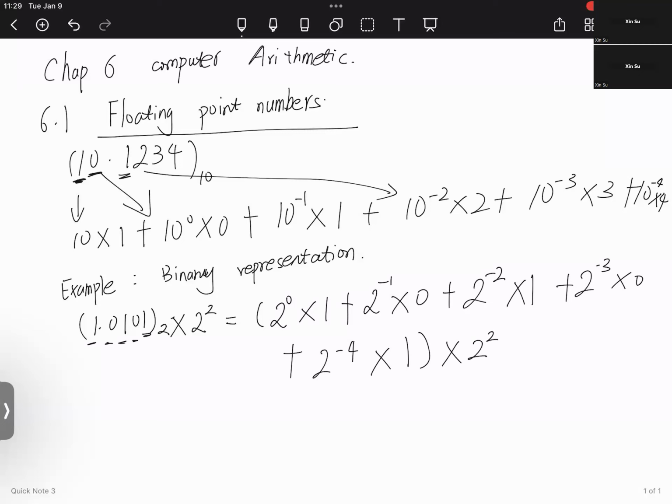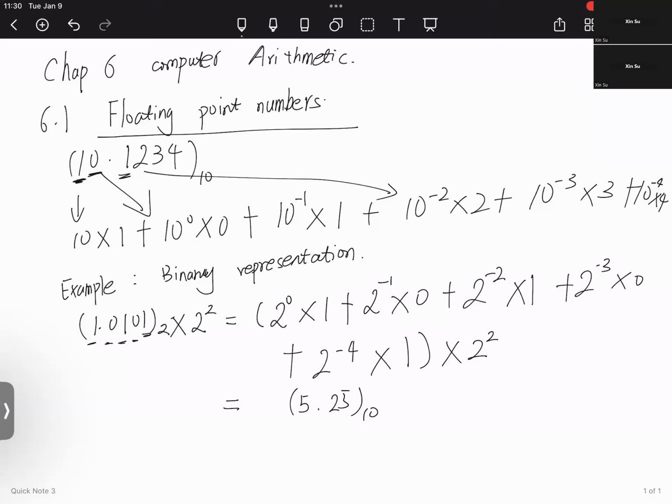If you do such calculations in your calculator, it will give you the number in base 10. After some calculations, you will get this number in base 10, the common way we use in daily life, and this is 5.25.